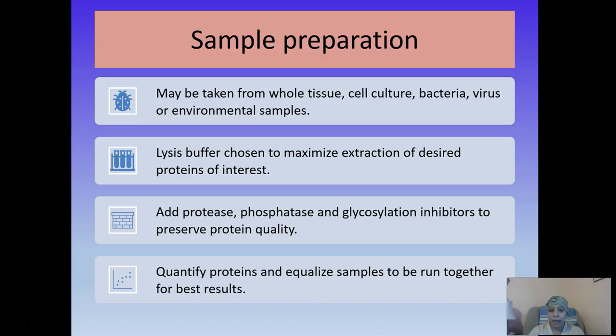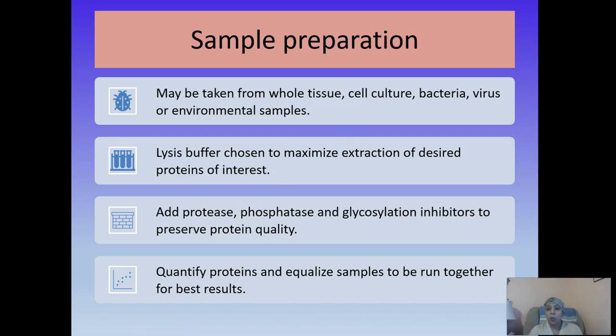So for my sample A, if I have 2 micrograms of protein per microliter, out of those 10, 5 of those are going to be my protein sample. On the other hand, if my second sample has 5 micrograms of protein per microliter, I'm only going to need 2 microliters of that protein extract instead.